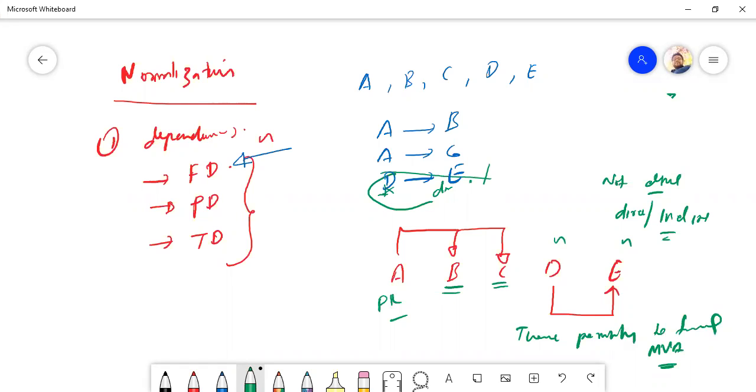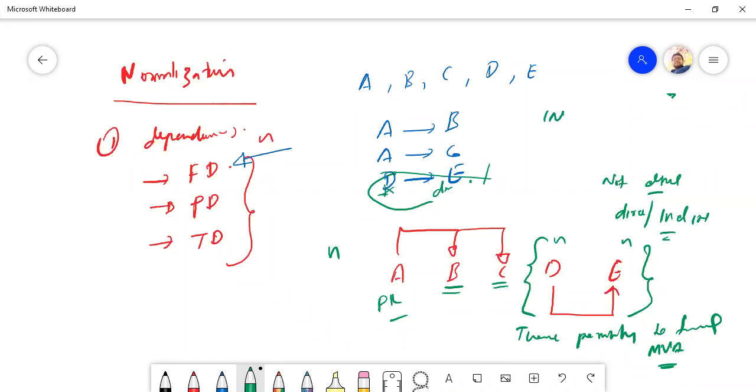Directly, B and C depend on A; D and E do not.